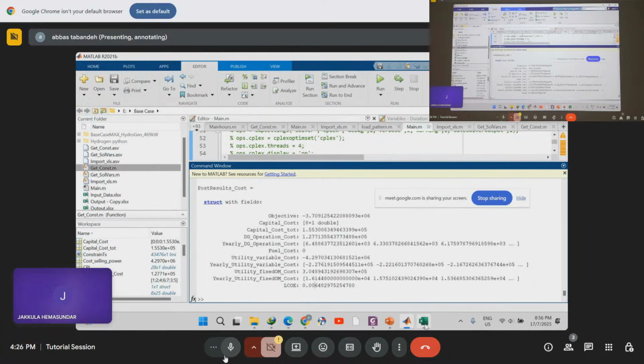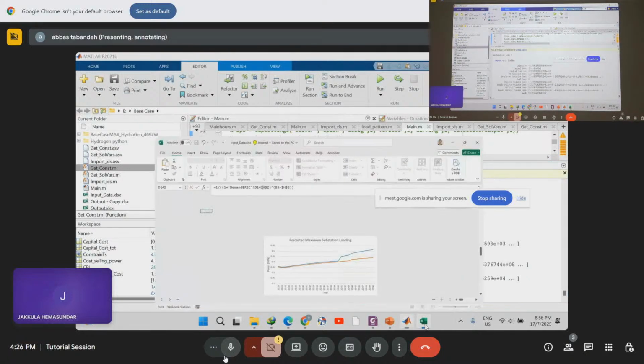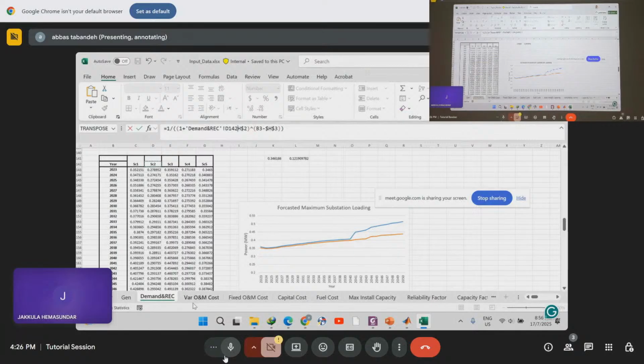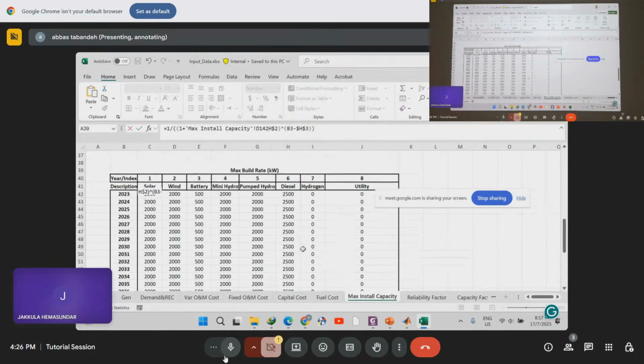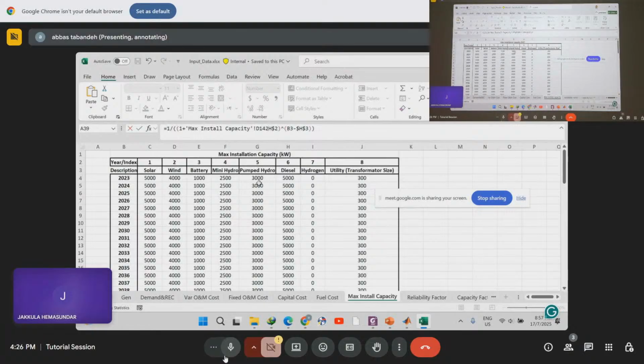However, at your home, you can manipulate these parameters. For example, you can change the amount of the capacity of technologies. For example, maximum capacity. For mini hydro, suppose the maximum sizing limitation that you have is 400.